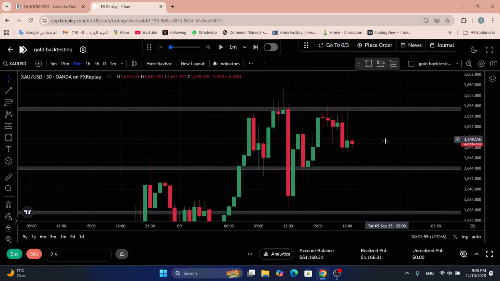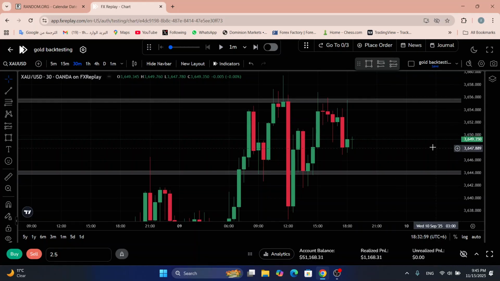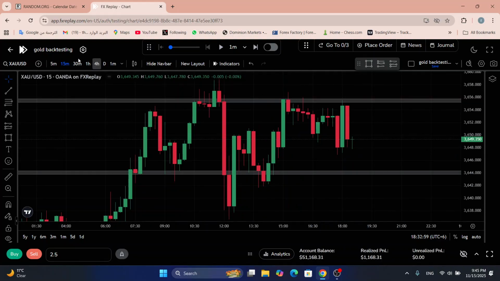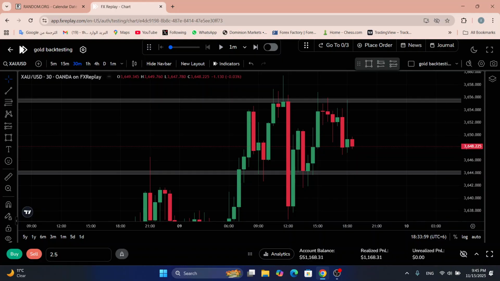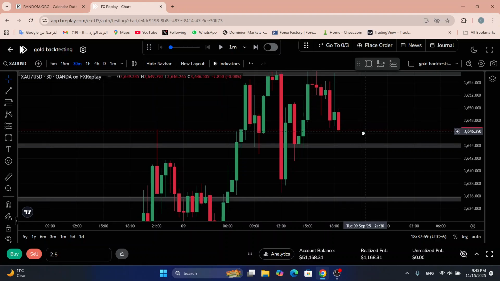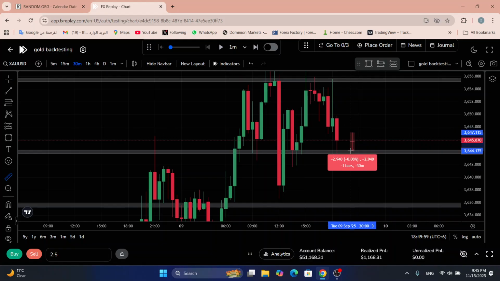Okay, so this is like the impulse entry. I don't know, 34 pips. I don't think this is enough to take a sell, and there is no support on the 15, so I don't think we can take it. This can just dump now, but because there is not enough range, I will not take this trade.